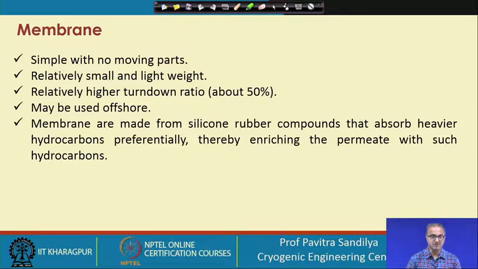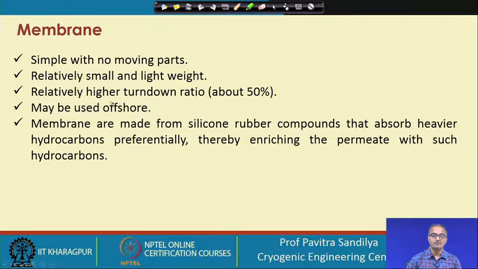These membranes have simple construction and no moving parts, and they are relatively small and lightweight because they generally come in modular fashion. So, we can keep the size small and the weight light.